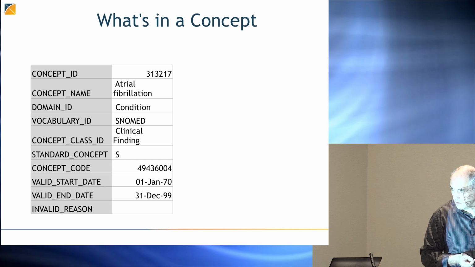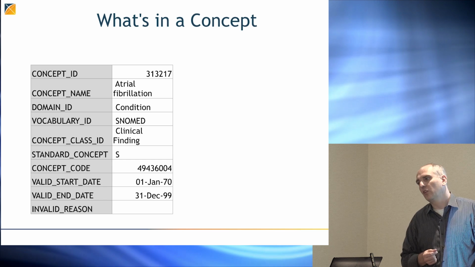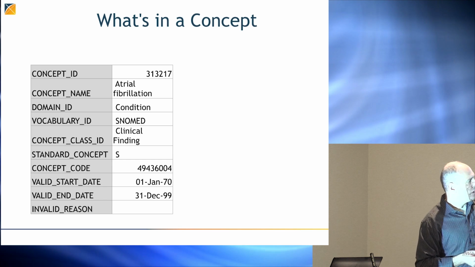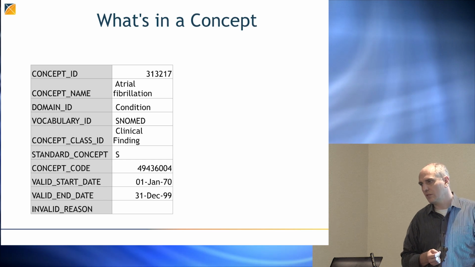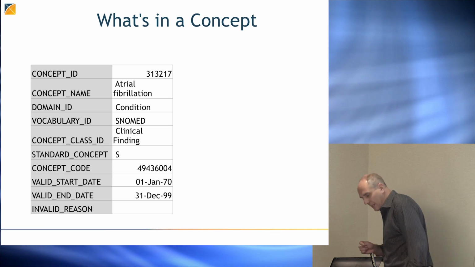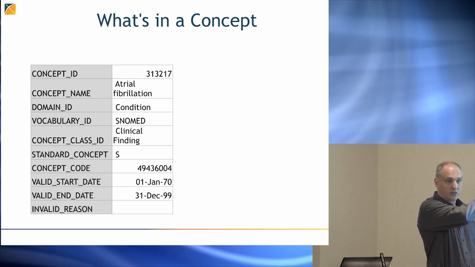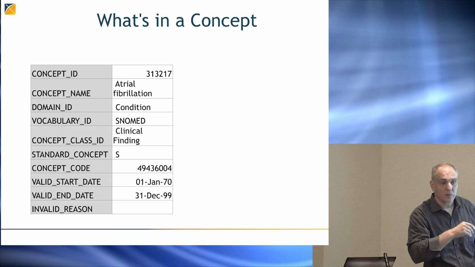It's still there, but it's D. And if it's a U, upgraded, there's going to be a replacement. So instead of this atrial fibrillation, you're going to have to take another concept. And you're going to see how you find this replacement. But that's how, essentially, all 80 vocabularies look the same. This is it. That's all you have to know. Gigantic simplification.